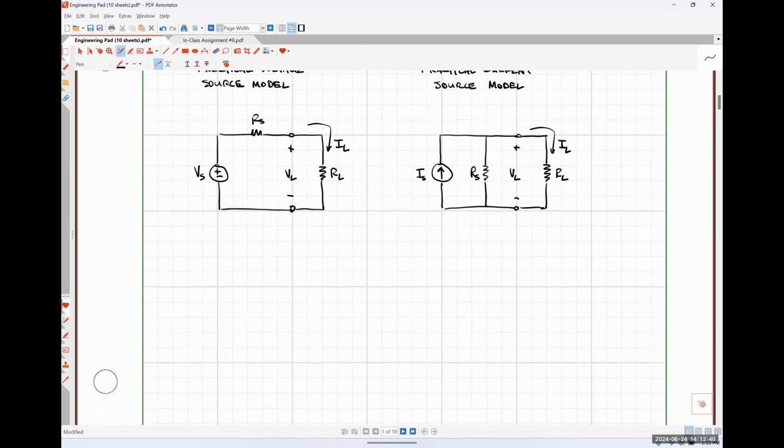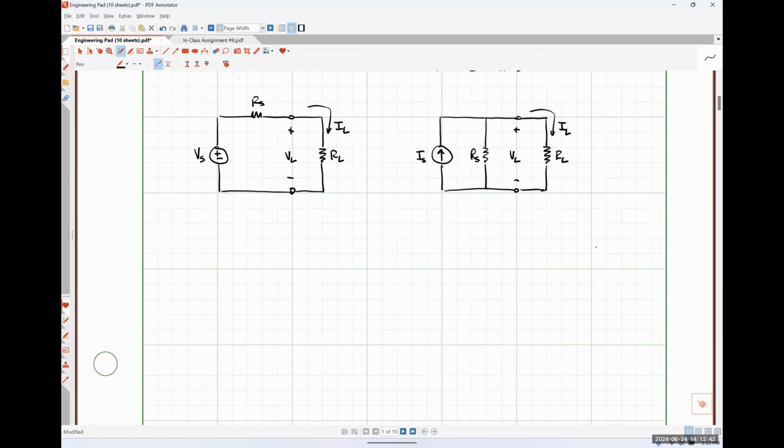So if we wanted to find the voltage VL in our left-hand circuit, I think we could do that pretty easily just using voltage division, right? So using voltage division, we would have a voltage of Vs multiplied by the resistor that we're finding the voltage drop over, which is RL, divided by the series resistance seen by the source, which is just Rs plus RL.